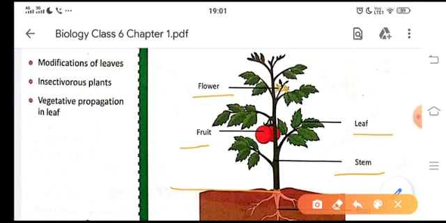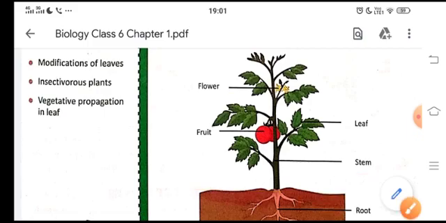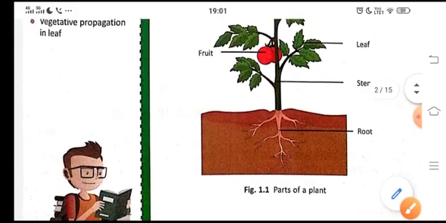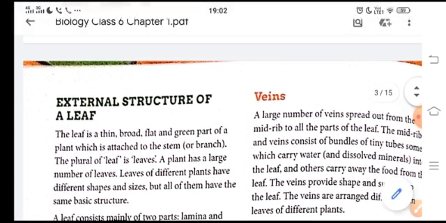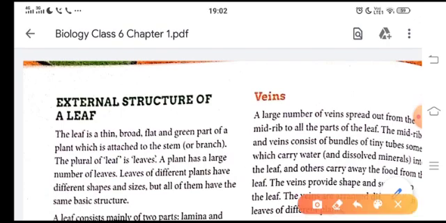The third part of the plant is the leaf. Now, children, leaf is a very important part of the plant as leaves are meant for preparing the food for the plant. Now come to the external structure of leaf. Children, you must have seen various shapes and sizes of leaf.